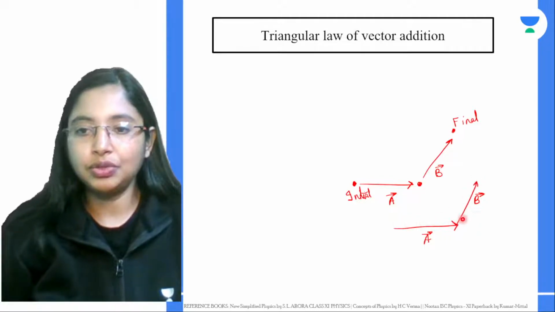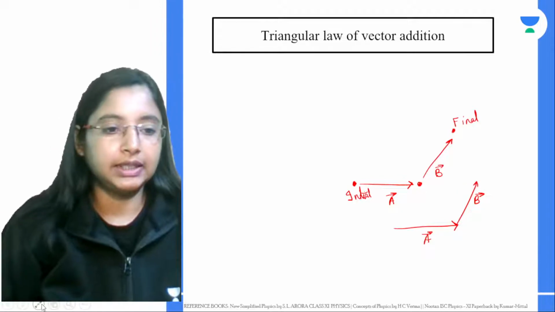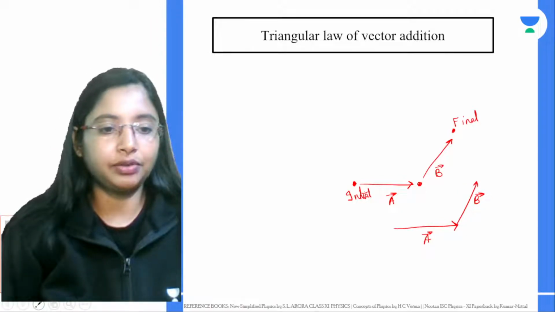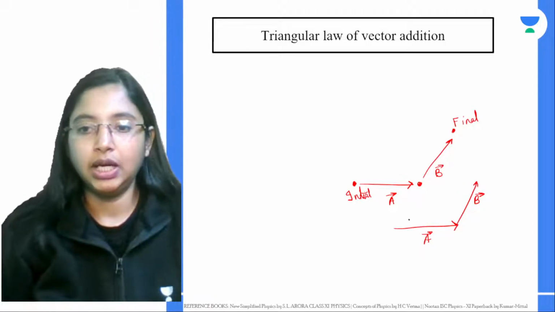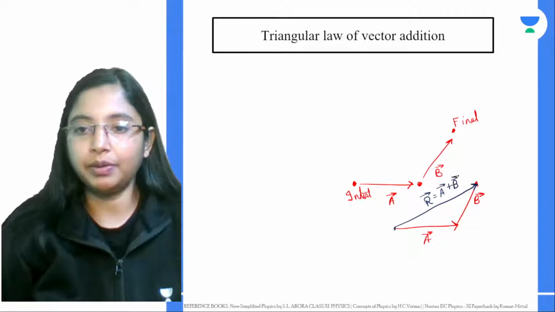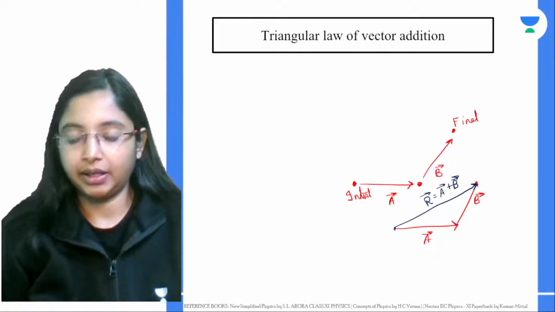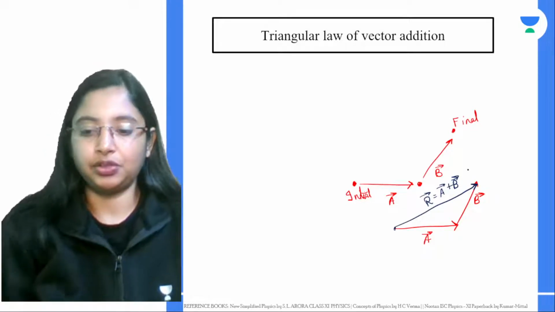So if these 2 sides are acting like 2 sides of a triangle, the combined effect of these two vectors is given by the other side of the triangle, that is from the starting initial point to the final point. This is the resultant vector, which is equal to A vector plus B vector. Why? Because vectors can only be added geometrically. So this is the direction of your vector.